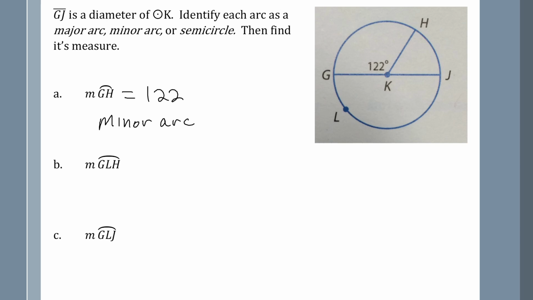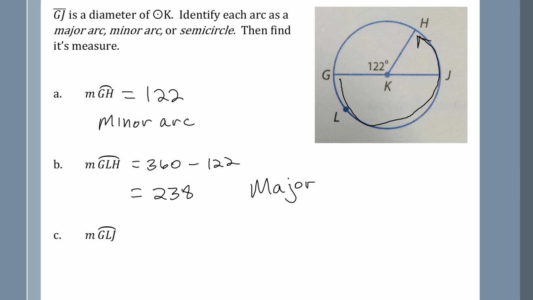Arc GLH, that's this one. When you name these, you go from G to L to H all the way around here. Well, that's going to equal 360 minus 122. So you might want to take out a calculator here. Do 360 minus 122, and you come up with 238. And this would be a major arc.